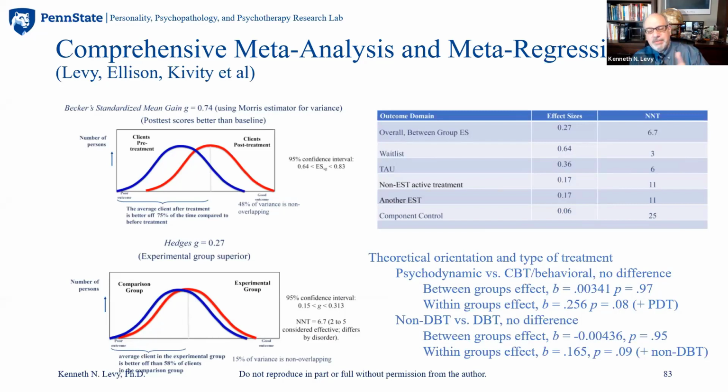However, if you compare people in these specialized treatments to people on a wait list, the effect size and the number needed to treat get much better, 3. If you compare those individuals to treatment as usual, it gets large again. And then if you look at different levels of control, like comparison to an alternative empirically supported treatment, or to a component control, the numbers needed to treat get extremely high and the effect sizes get much lower.